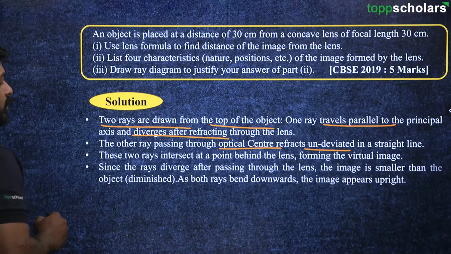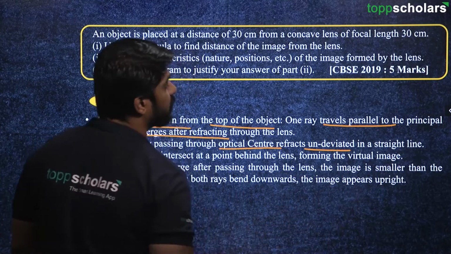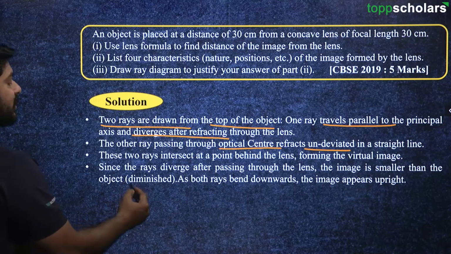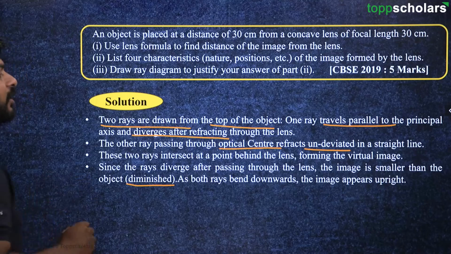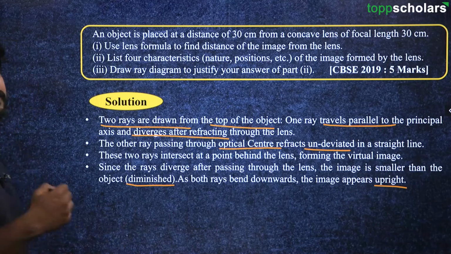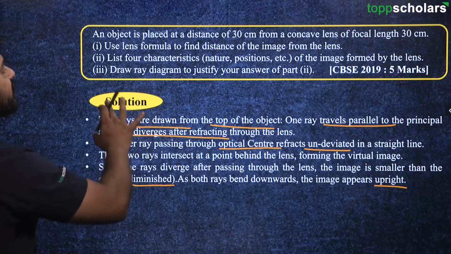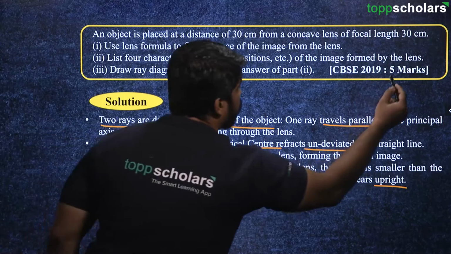Since the rays diverge after passing through the lens, the image is smaller than the object, that is, it is diminished. As both rays bend downwards, the image appears upright, that means it is erect. So this is the solution for this question, and it is a 5-mark question.